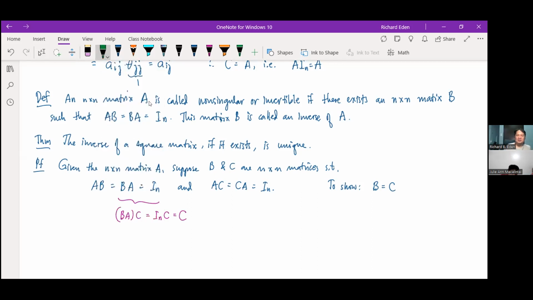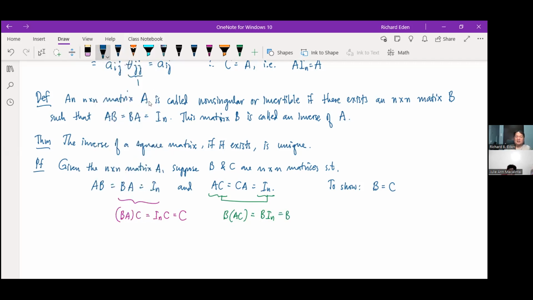Okay, I'm going to take AC equals I sub n. I'm going to pre-multiply, meaning multiply from the left by B. B multiplied to AC equals B I sub n. But what is B I sub n? B. So look here.